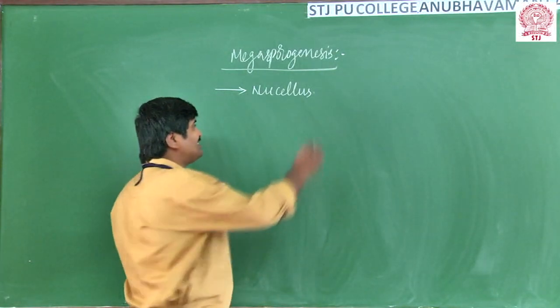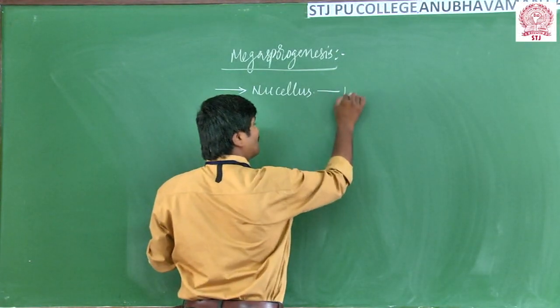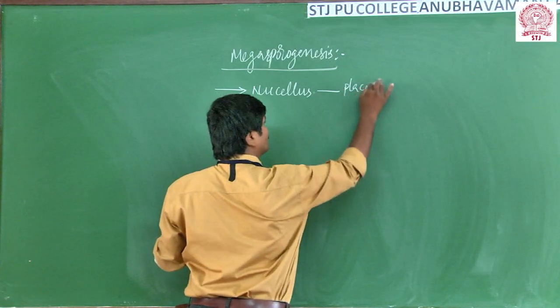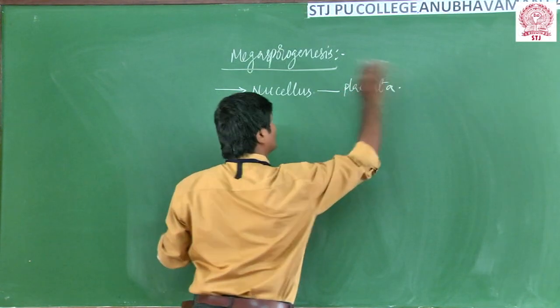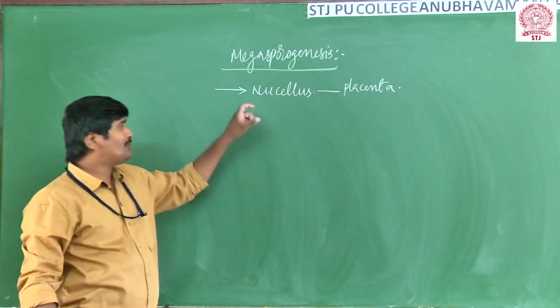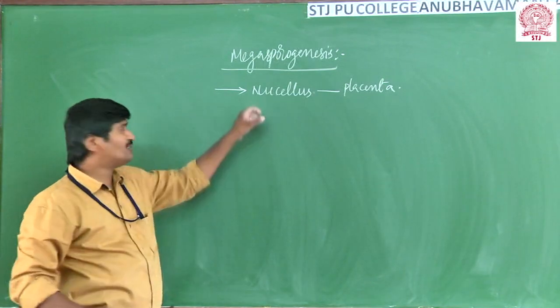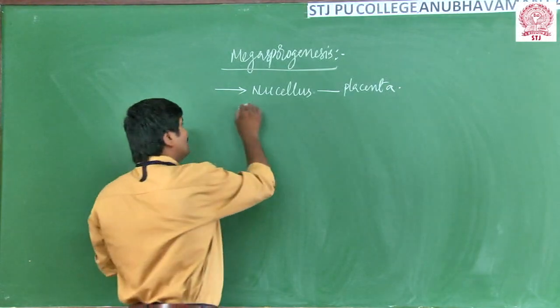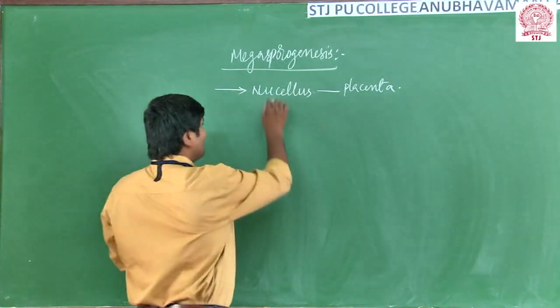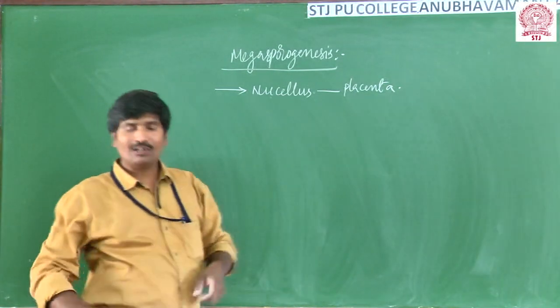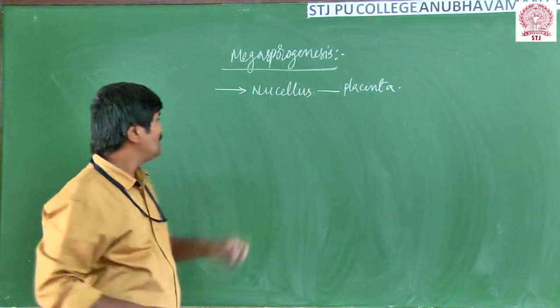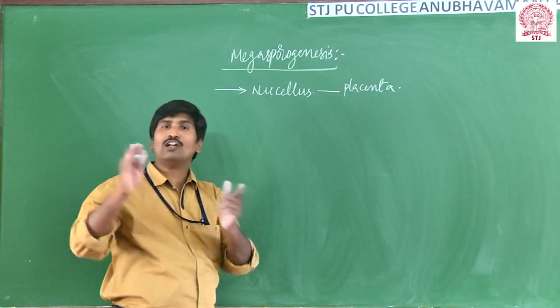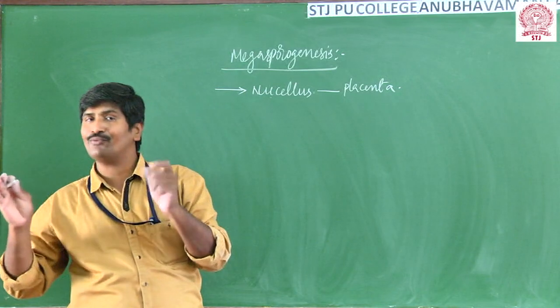The nucellus is developed from the placenta. It is one of the massive tissues. It is a reserve food material. That's why the nucellus is one of the nutrient tissues. The food material is supplied for the development of the female gametophyte.